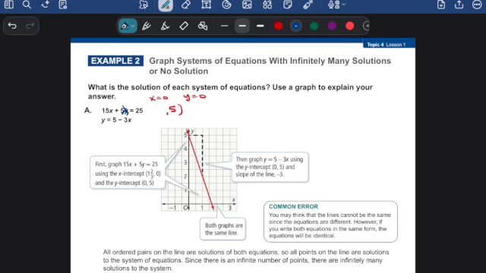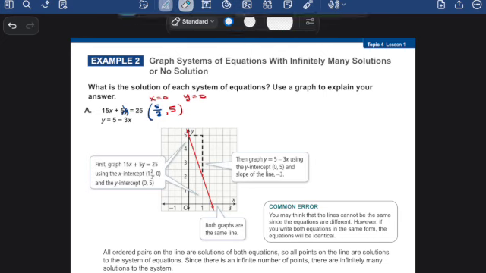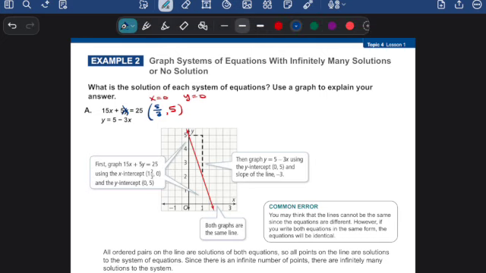And I have 25 over 15, which is 5 over 3. So there's our intercepts. So 1 2/3, which looks like it's right here. There's 5/3. That's our x-intercept, and our y-intercept is at 5.